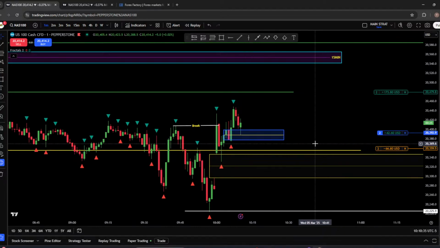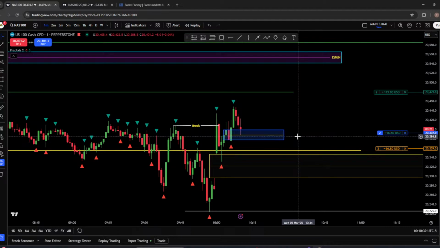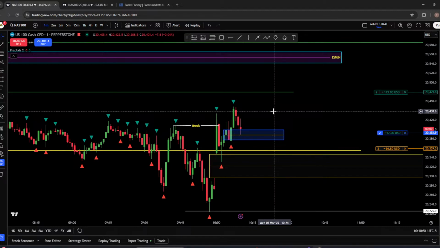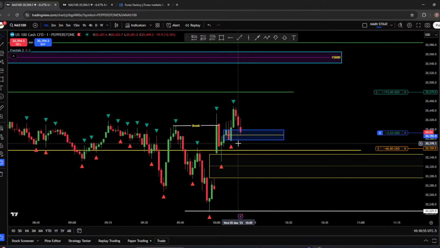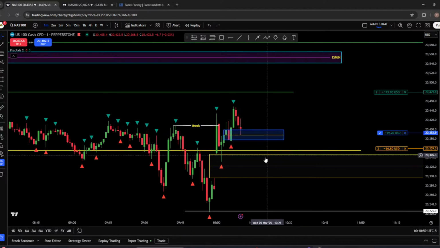All right, let's see if we can recover some. Did have a firm break of structure. So if we reverse it and have a break of structure here, then we're just gonna go short, probably into that.